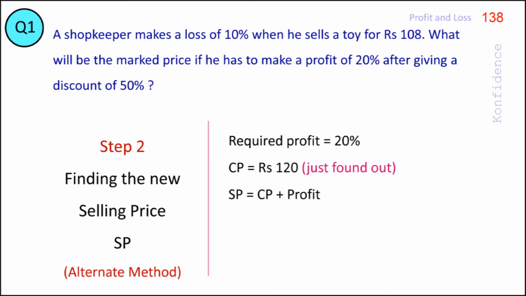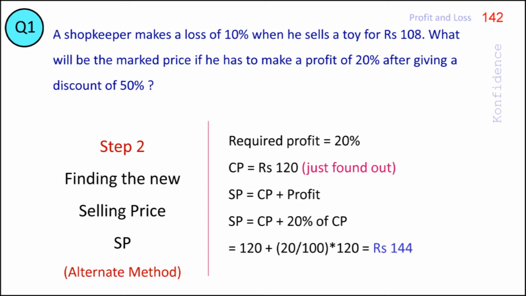Remember, profit percent is always computed on the basis of cost price. So SP equals CP plus 20% of CP. That is 120 plus 20 by 100 into 120. Therefore, SP equals 144 rupees.